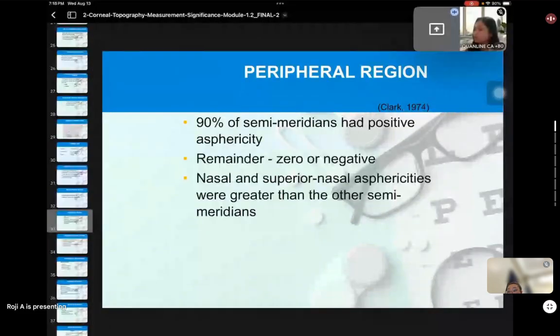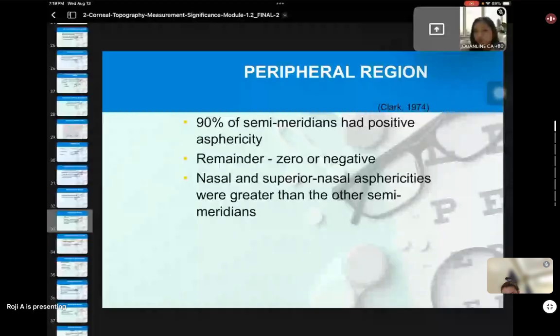The remainder, zero or negative, which are nasal and superior nasal, asphericities were greater than other semi-meridians. Because we understand, based on what Zach said earlier, it's toward nasal superior, correct? All right, there's a deviation, there's a decentration, right? Correct? Give me something, guys. Yes. There you go.